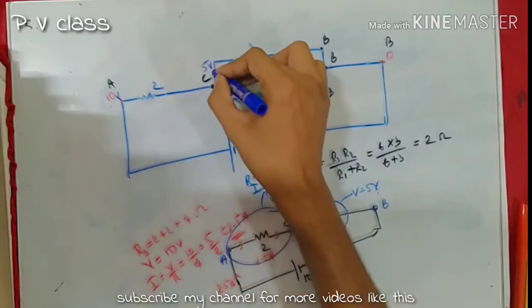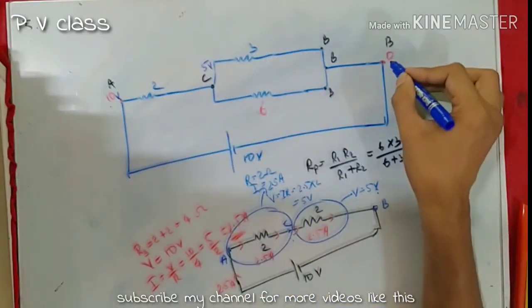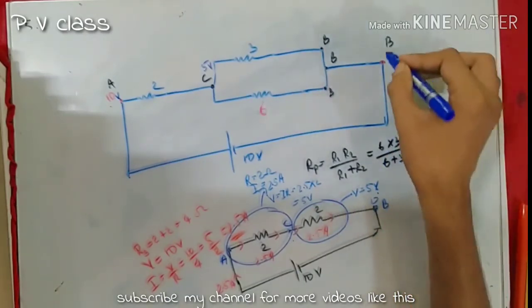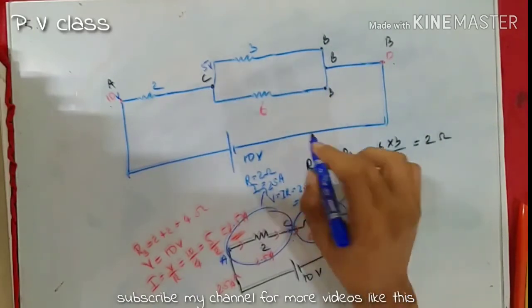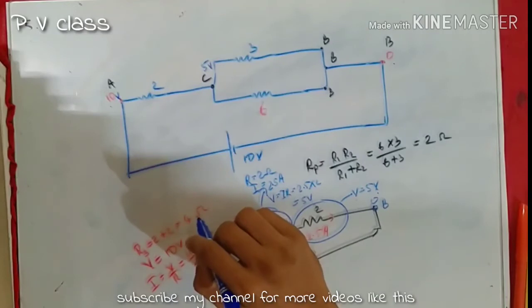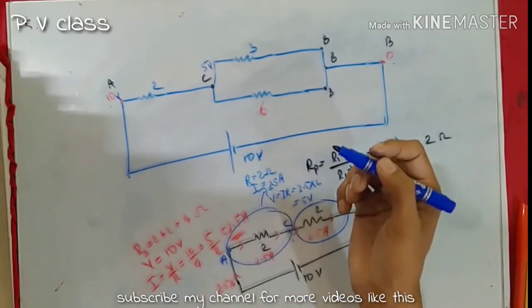And what is the potential over here? It was 0, therefore this potential is also 0. Then what's the potential difference across this 2 ohm resistor? This is 5 volt.